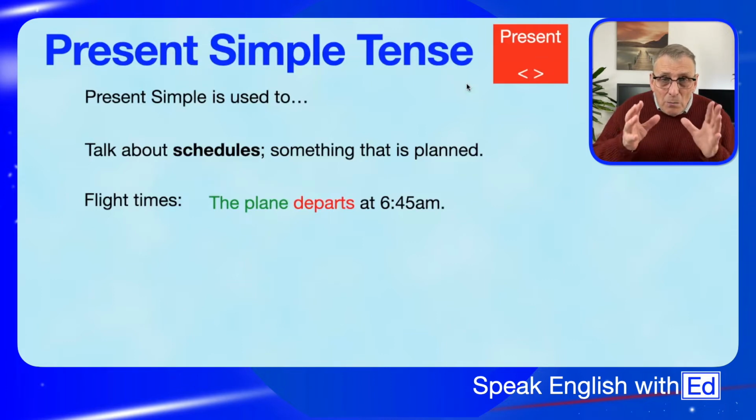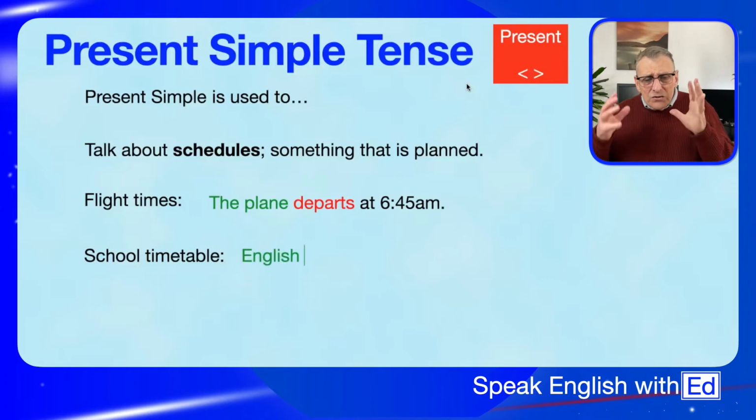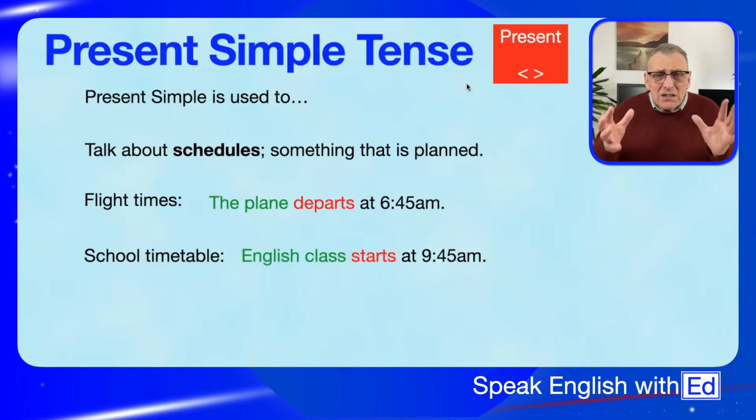So we talk about schedules in this way in the present simple tense. Same with school timetables. Your English classes, for instance, start at 9:45 every morning, every Tuesday, whenever, but they start at the same time. They are scheduled to start at this particular time.